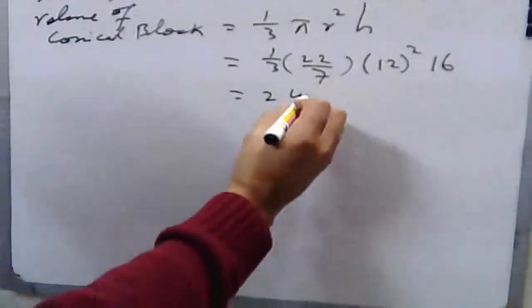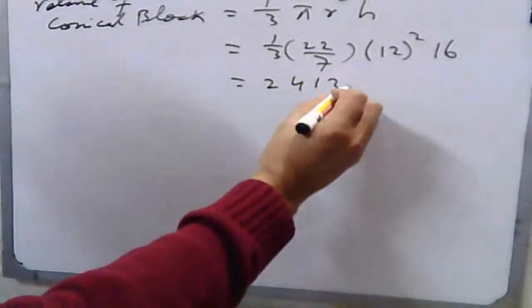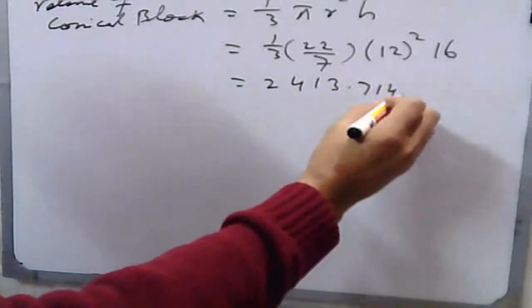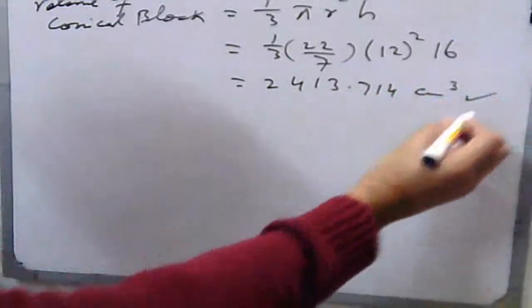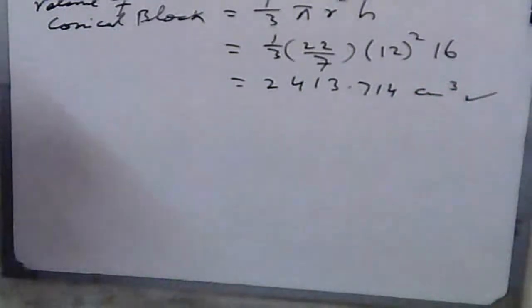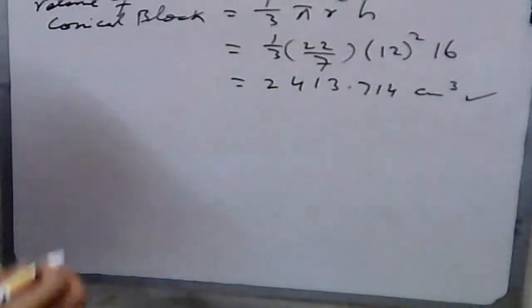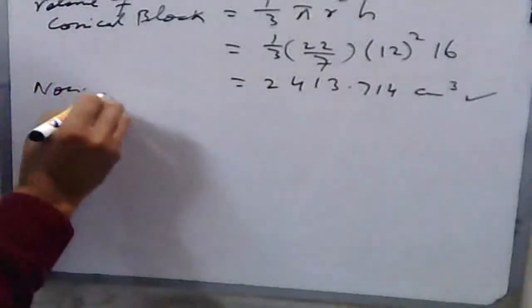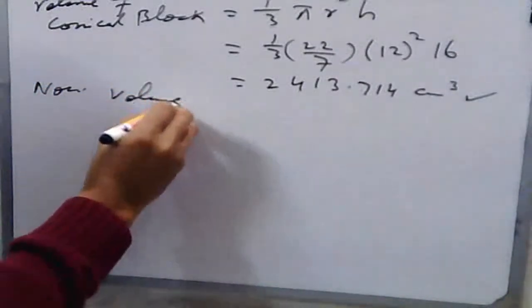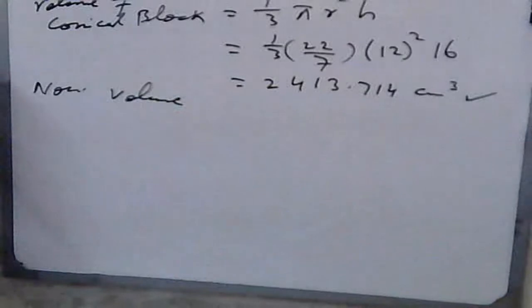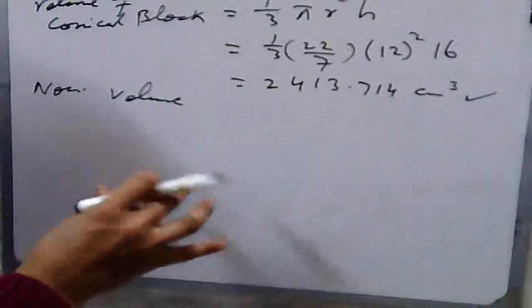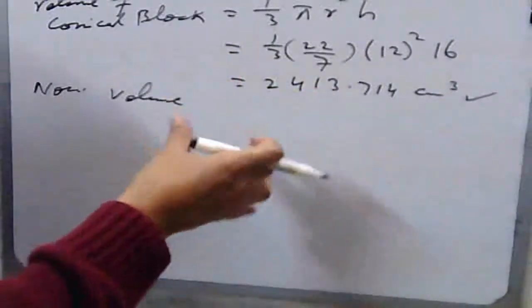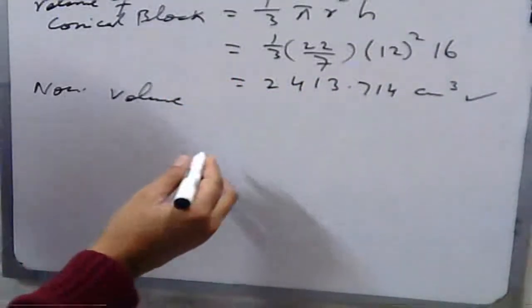So after simplification you will get 2413.714 centimeter cube. That is your approximate result. Now volume of coin is, because we have to find the volume of conical block, then volume of coin, and then we will divide both and we will get how many coins can be made from it.